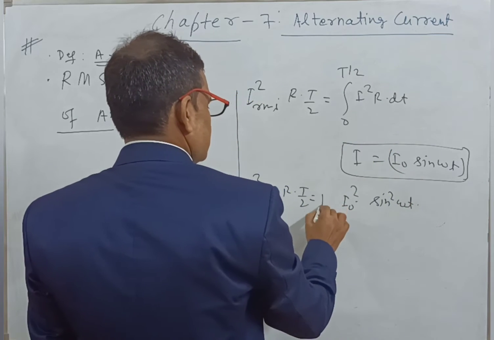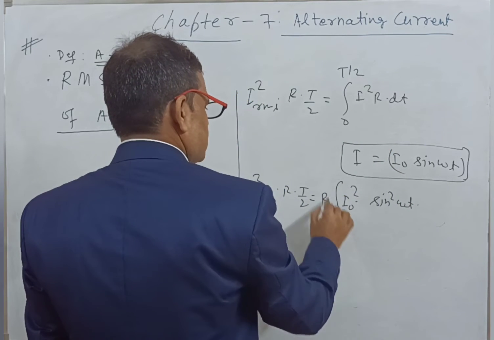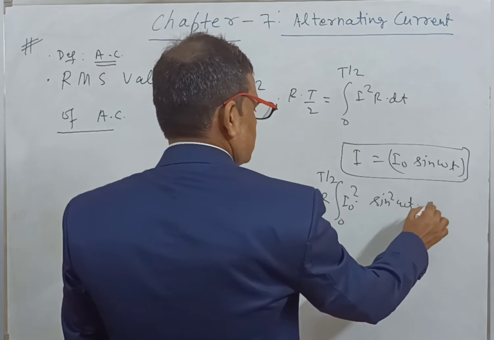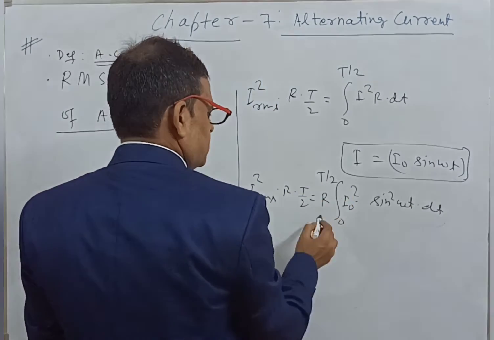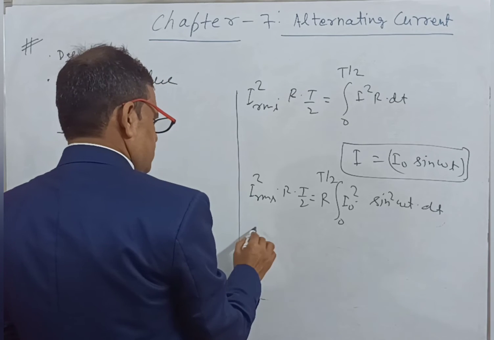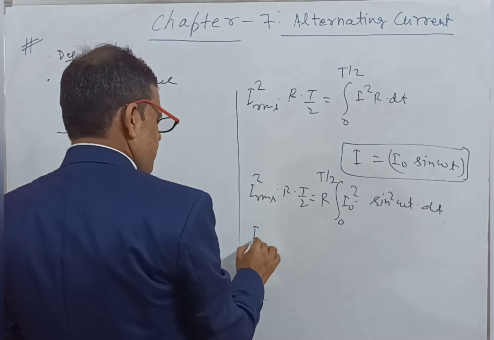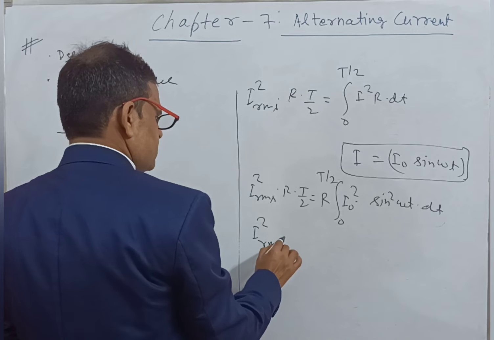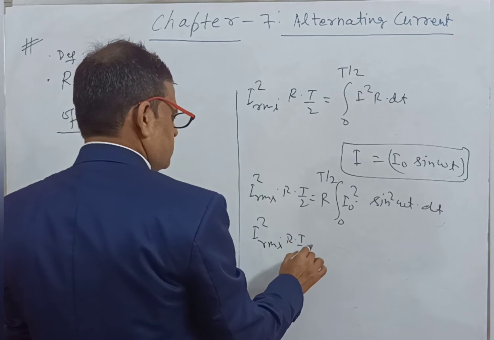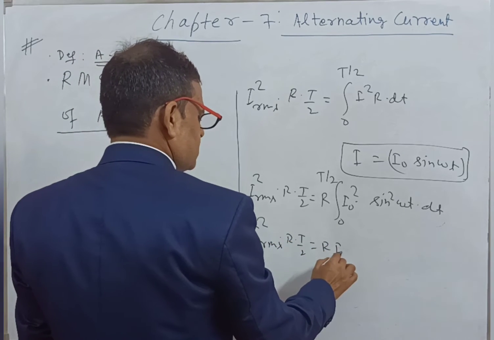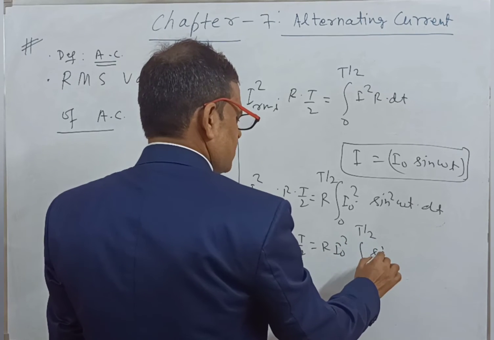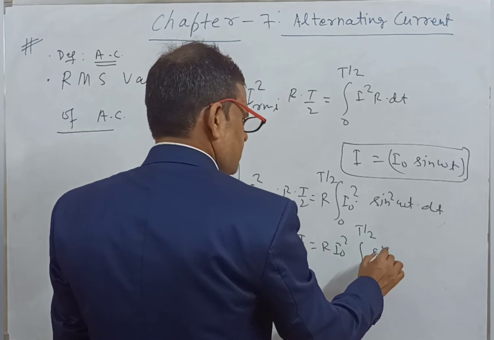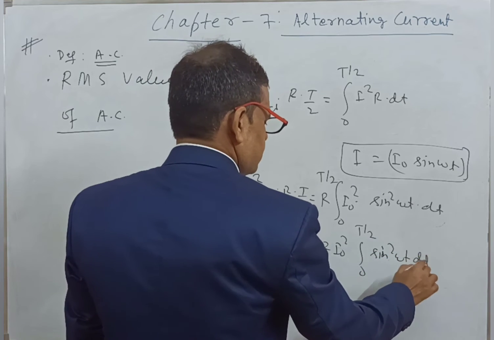This R you can write inside the integral from 0 to T by 2 dt. You can also write I naught out of the integration sign. Then I RMS square R T by 2 equals R I naught square, integral from 0 to T by 2 of sine square omega t dt.